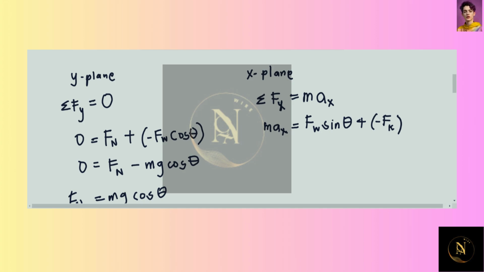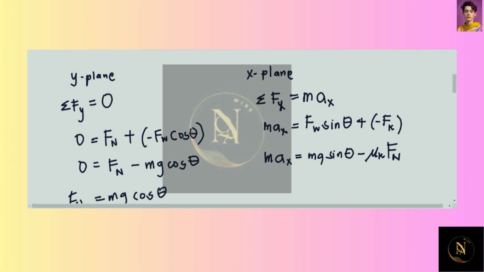Simplifying this equation, we have m a sub x equals mg sine theta, because weight is equal to mg, minus the formula for kinetic friction, which is the product of the coefficient multiplied by the normal force.